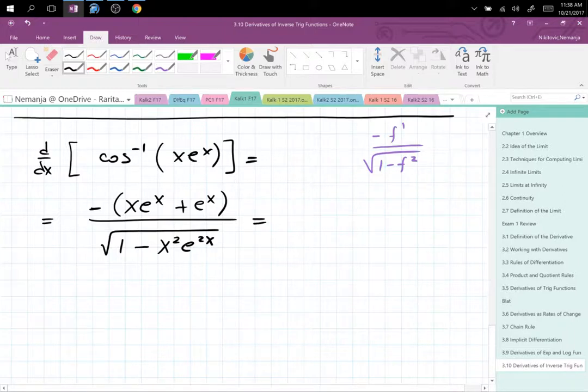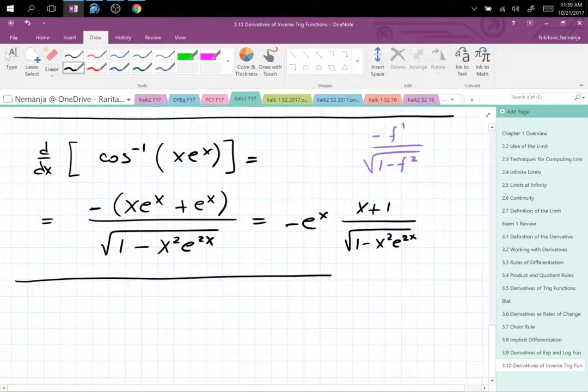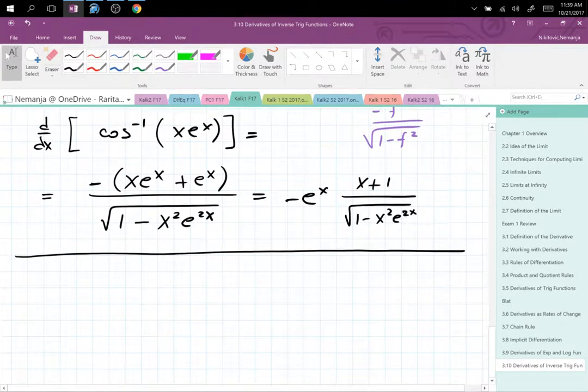The only thing we can do is to kick e to the x out, and that's it. We'll leave it right there. One more problem, and then we're going to take a look at a few exercises from concepts from 311.